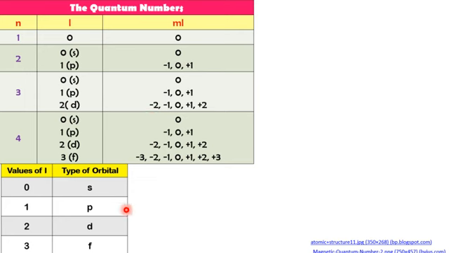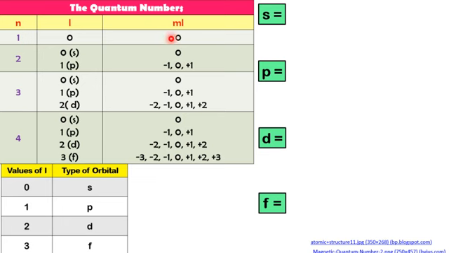For example, if the orbital is S, the value of L is 0. If the orbital is P, the value of L is 1. If the orbital is D, the value of L is 2. And if the orbital is F, the value of L is 3. Okay? So, we have S, P, D, F.